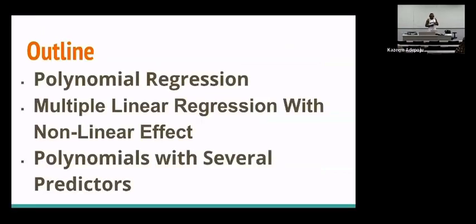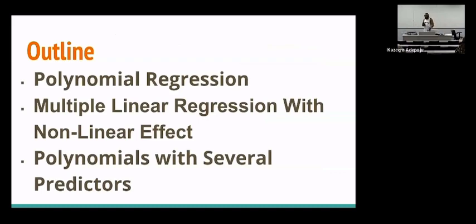In the outline, I'm going to walk you through polynomial regression. The work we've been doing does not have non-linear effects, but the only non-linear effect I'm going to talk about is interaction.